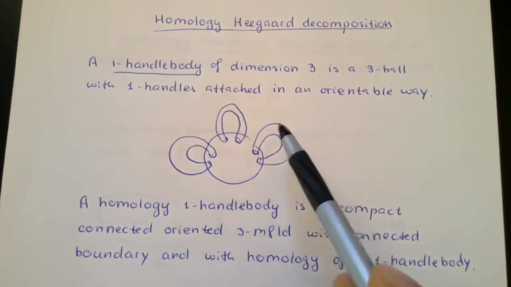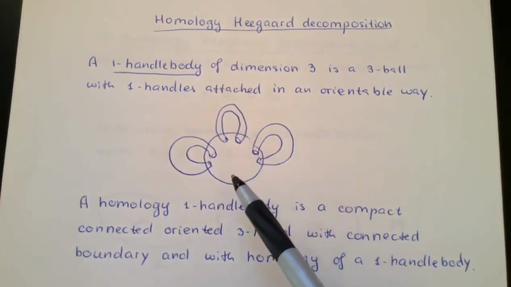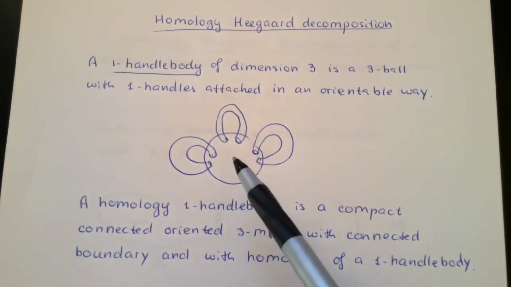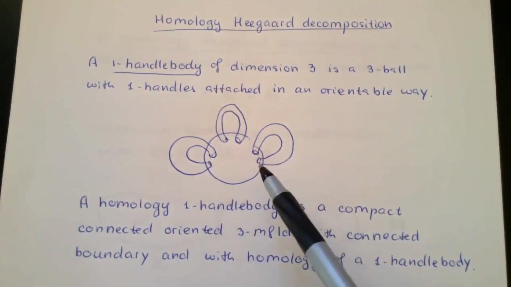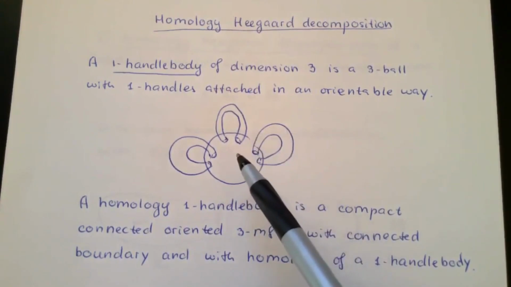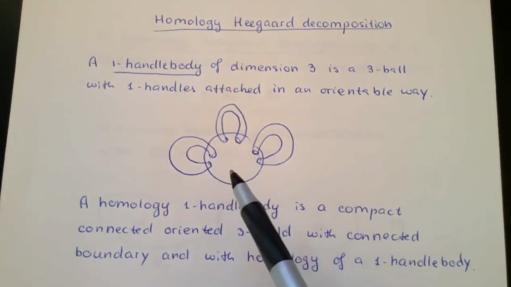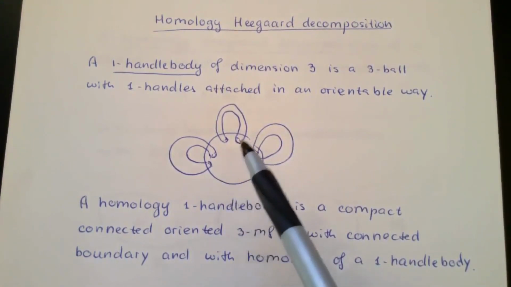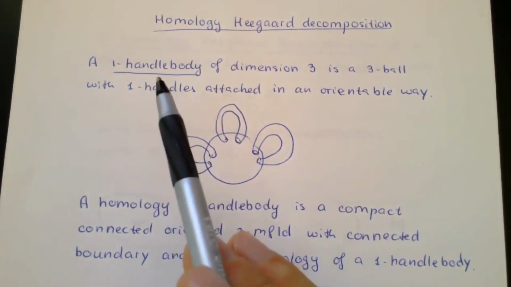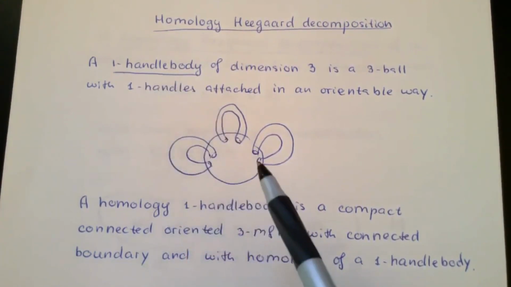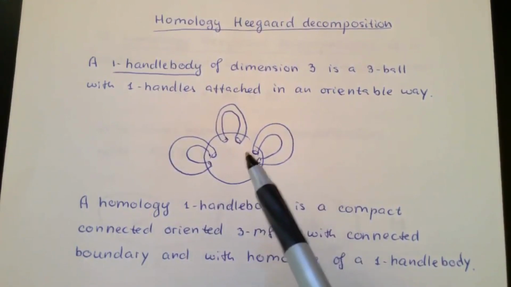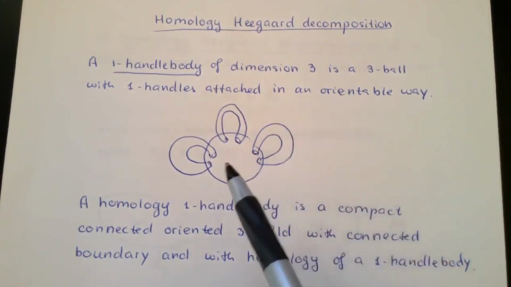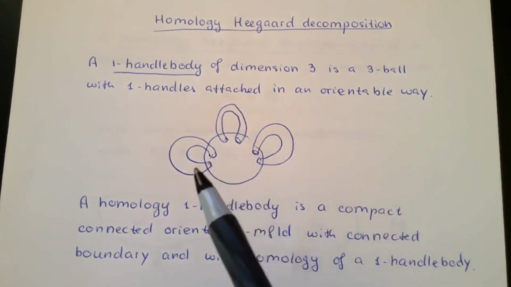It can be attached in an orientable way, so that the resulting manifold is orientable, and it is also possible to attach it in a non-orientable way, so that the resulting manifold is non-orientable. We consider only those one-handle bodies where each handle is attached in an orientable way, so that the resulting manifold is an orientable manifold.